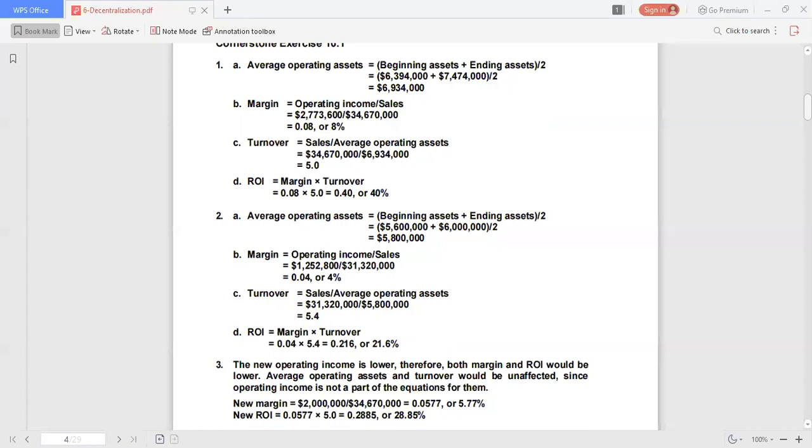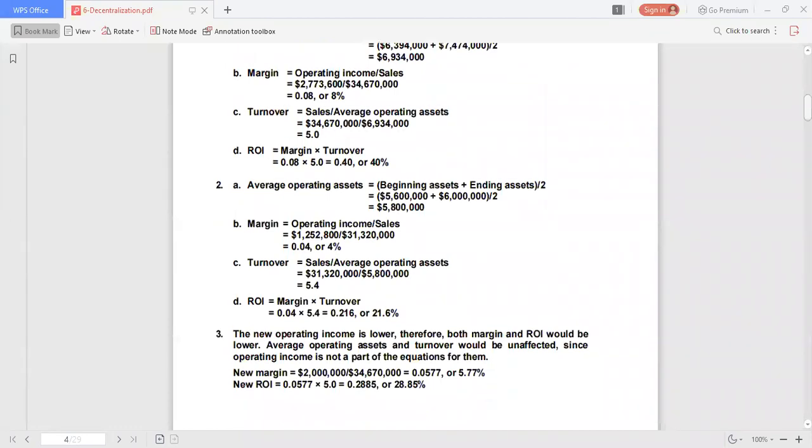We have common sub-requirements. Letter A, number 1, for the small appliances division, compute for the average operating assets, margin, turnover, and the return on investment, or the ROI.